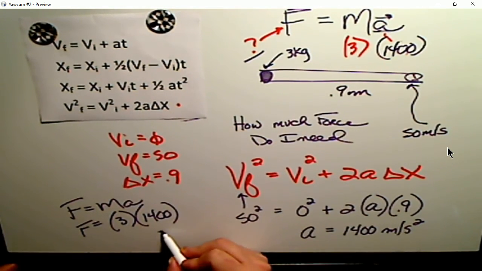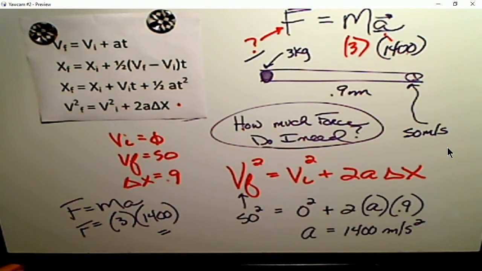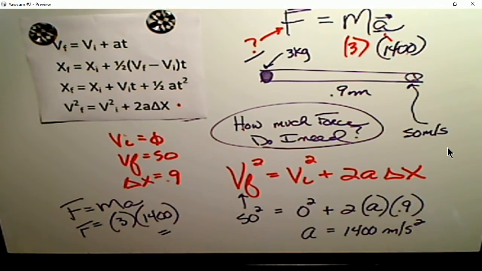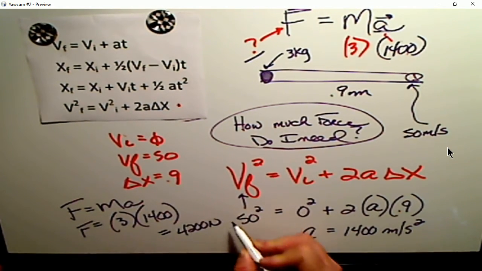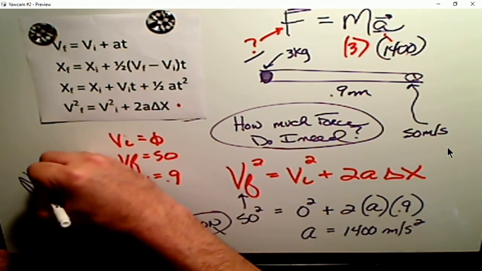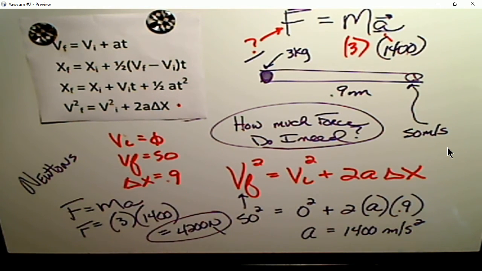That's going to give us the force we need to create the acceleration necessary over this distance to reach a velocity of 50 meters per second. And you can do that calculation, but it's fairly easy math. 4,200 newtons. That's the unit for force, newtons. And again, it is a vector.